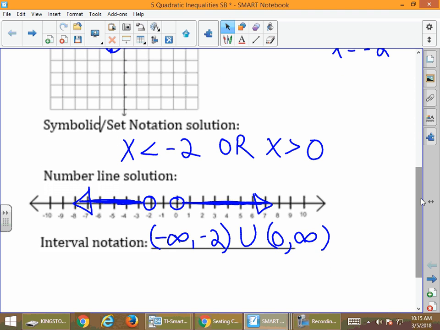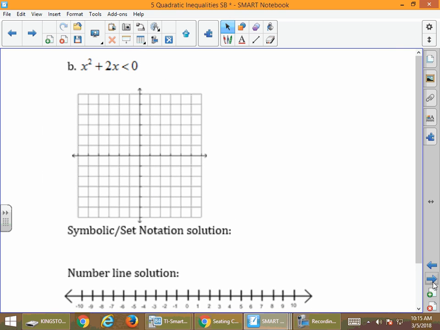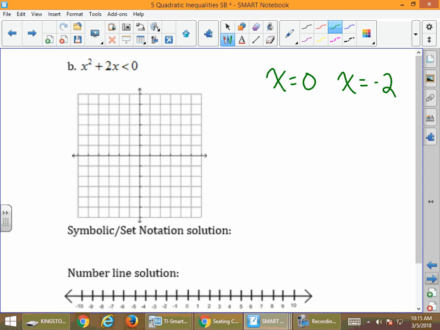But let's try another one, and it's the same picture here. So the good news is we already know that our roots are x equals 0 and x equals -2. And in fact, we can draw in the same picture on here.